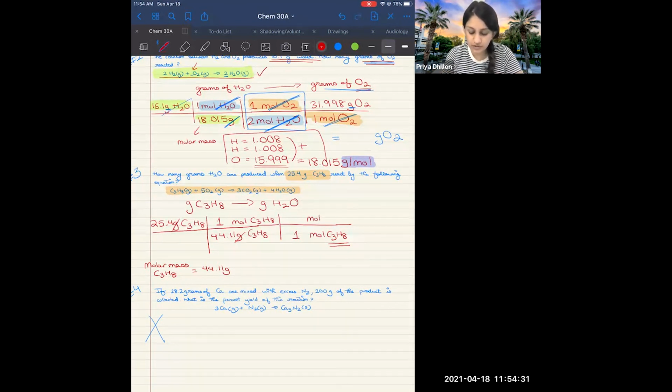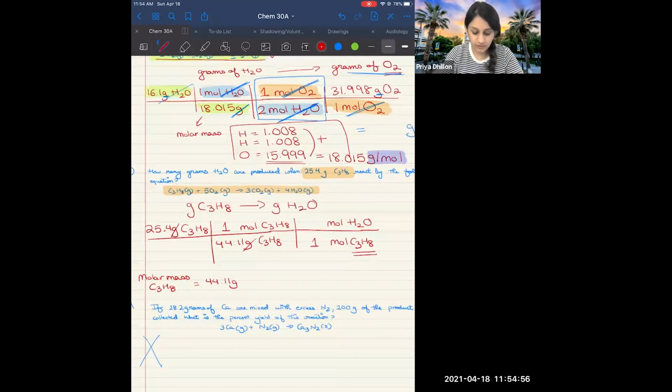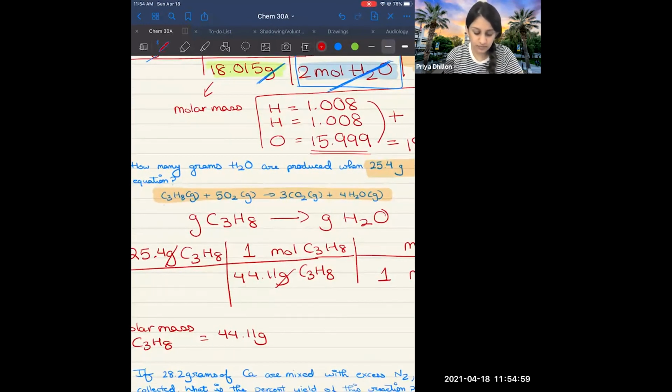Okay, now we want to find the equivalent for H2O. So how many moles of H2O do I have? So find H2O from here and tell me the coefficient.